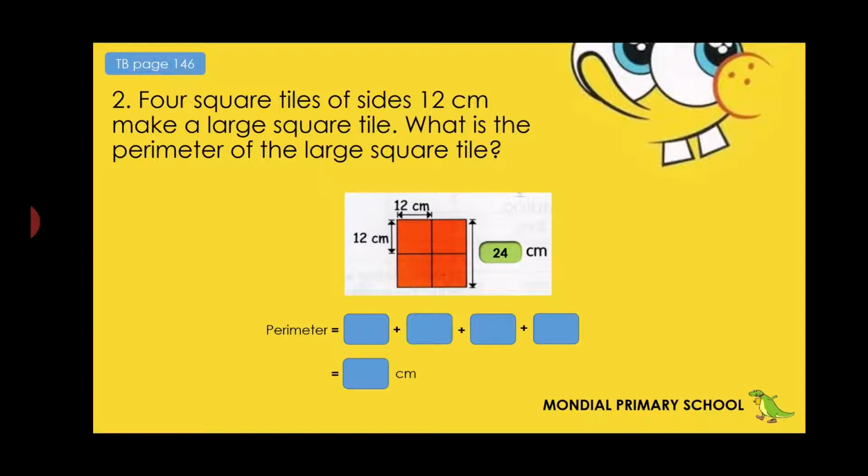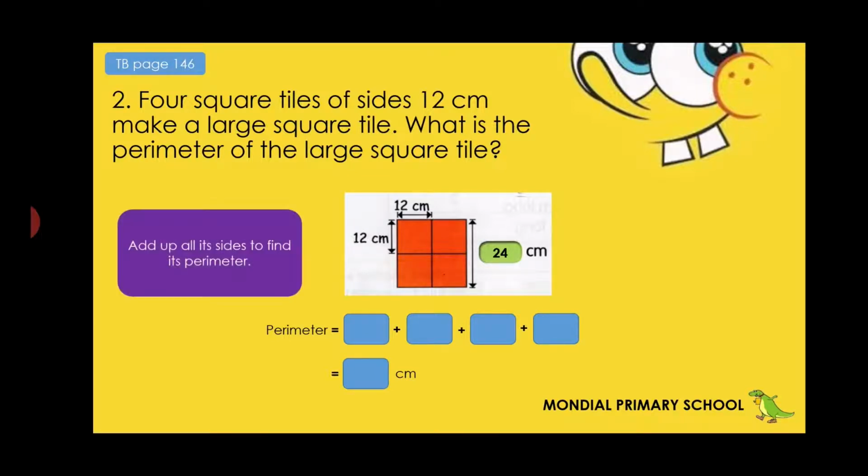After we find the length of the large square tile sides, we have to add up all its sides to find its perimeter. So 24 plus 24 plus 24 plus 24 is equal to 96 cm. Or we can also multiply the length of the sides by 4.